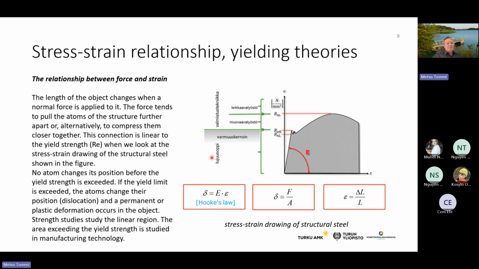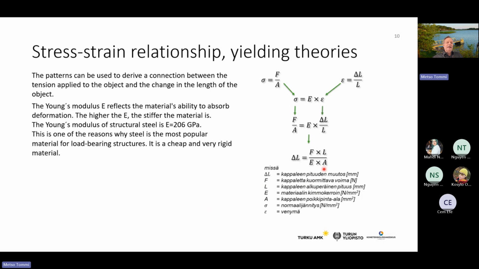And when we combine these three rules, we get the equation from which we can calculate the deformation, the stress-strain relationship. And you can see the formulas, how it's done. Here is Hooke's law. Here is force per area.